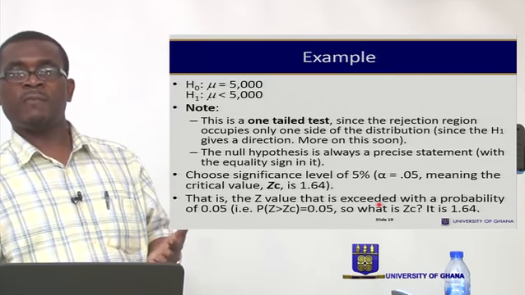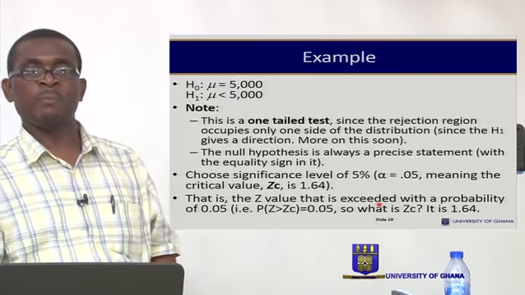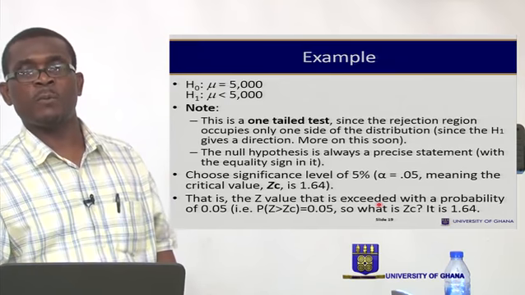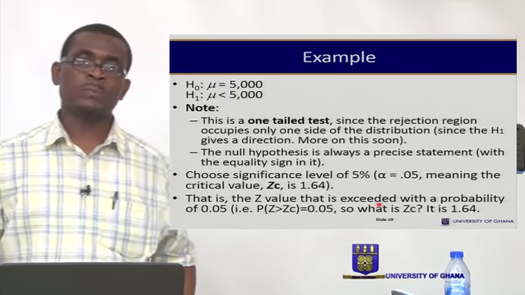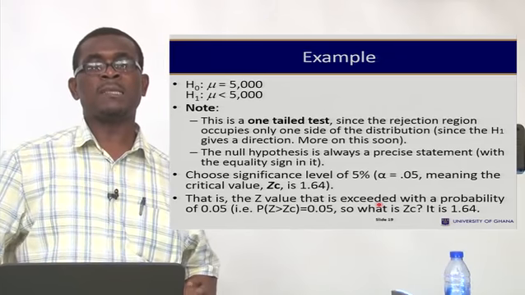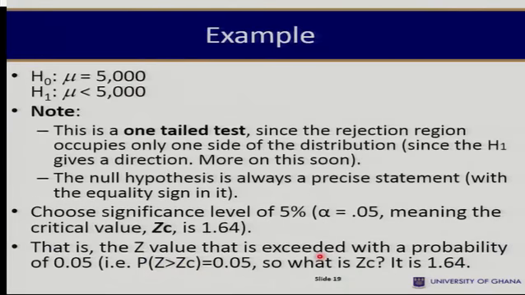If alpha is 0.05, your critical value will be 1.64, because the critical value is that z value which is exceeded with a probability of 0.05.